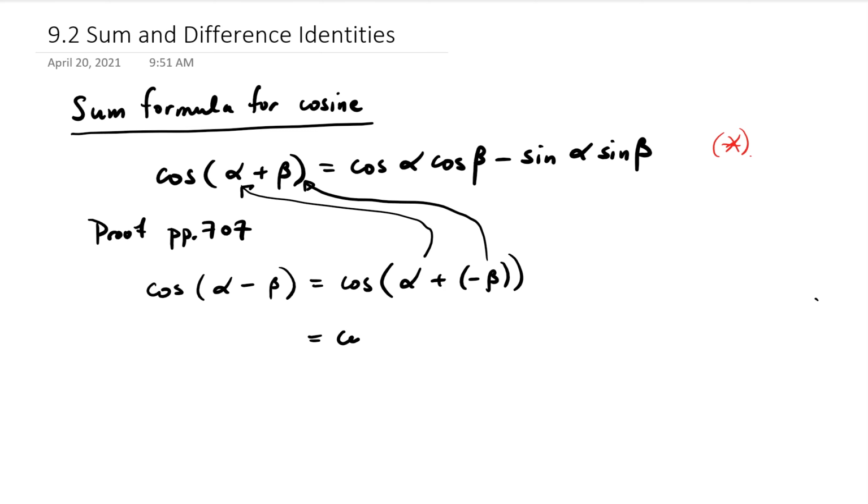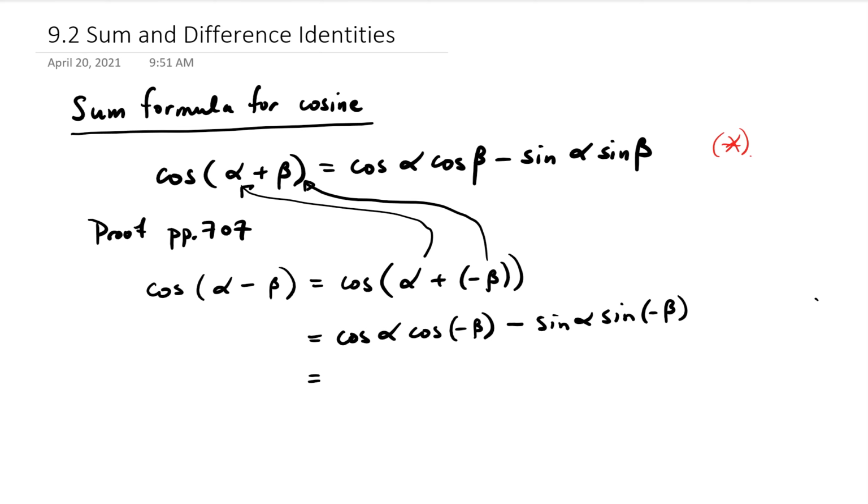So this is going to give me cos of alpha, and this is where I'm using the equation star above, cos of alpha, cos of, now I'm not going to put beta, beta is now minus beta, minus sine of alpha, sine of minus beta. So essentially I'm doing some sort of substitution in the formula.